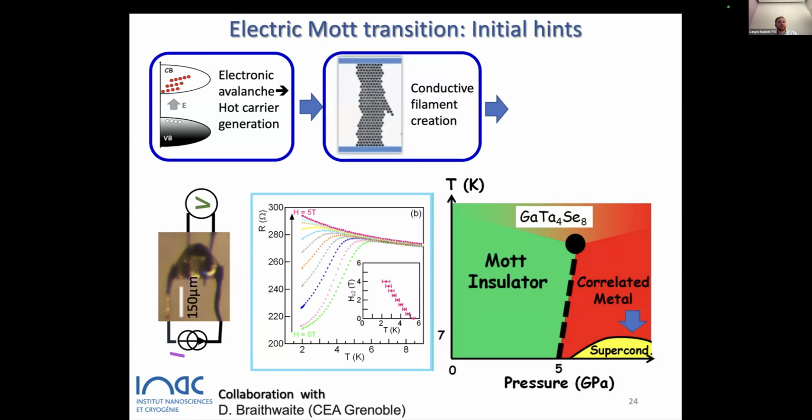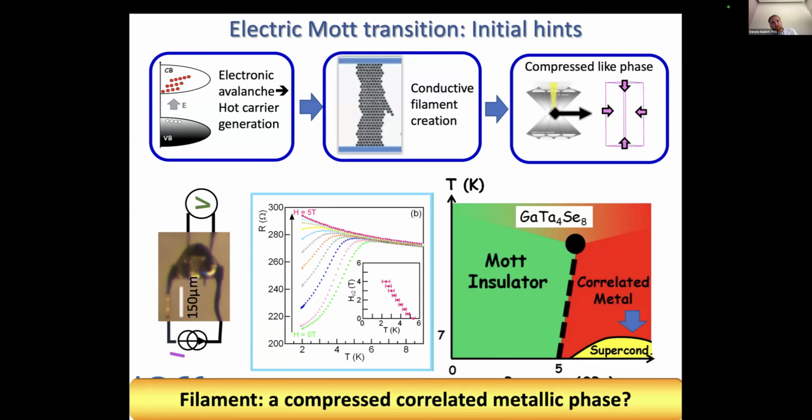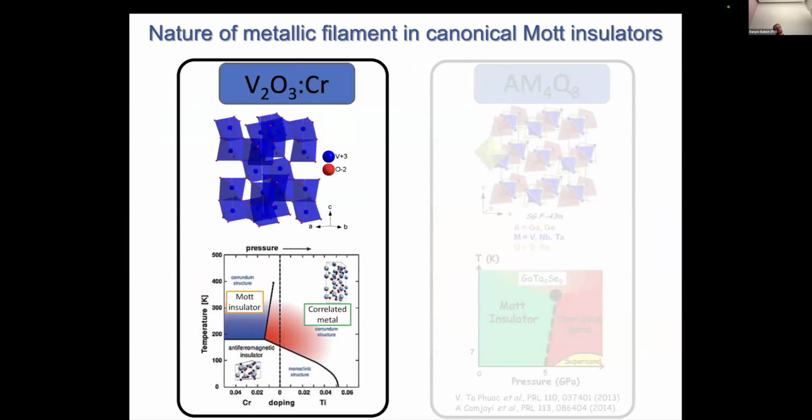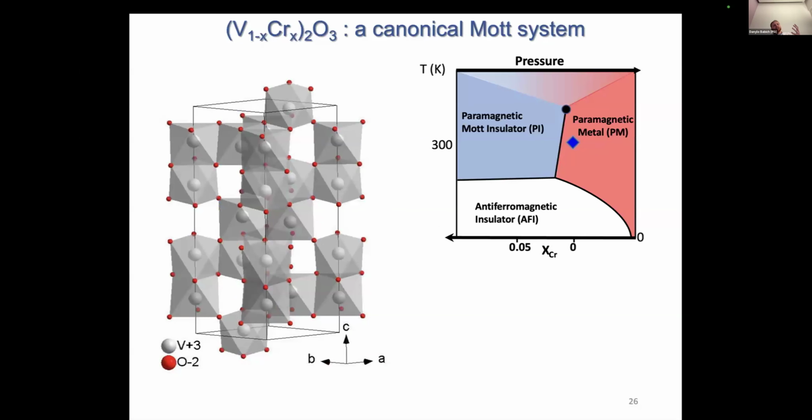To move forward, we chose a different material, which is chromium-doped vanadium oxide, an emblematic Mott insulator. First, let me introduce such a system. If you take vanadium oxide at room temperature without any chromium substitution, you are in the paramagnetic metallic phase.